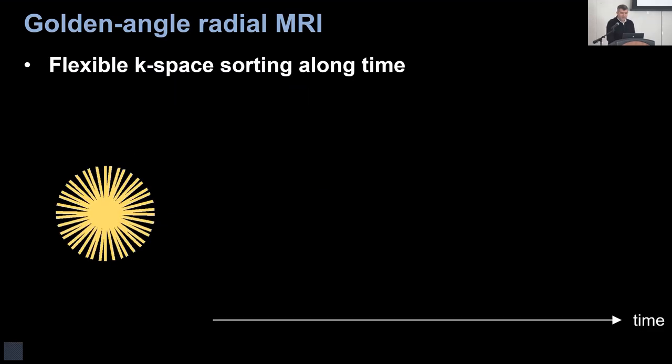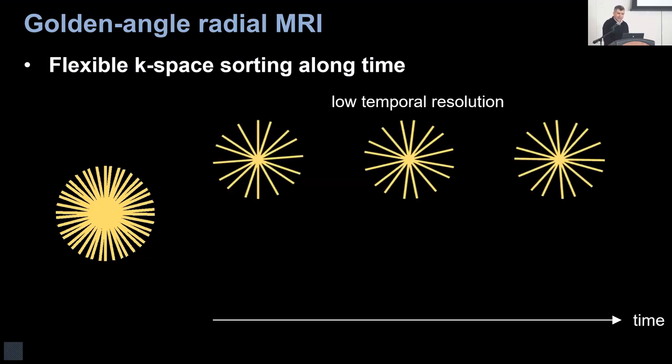Let's now talk about some properties that we're going to use to self-supervise these types of acquisitions. One of the nicest properties is that we can get flexible k-space reconstruction or sorting along time. Once we complete this continuous acquisition of hundreds of spokes, they can be sorted in different ways.